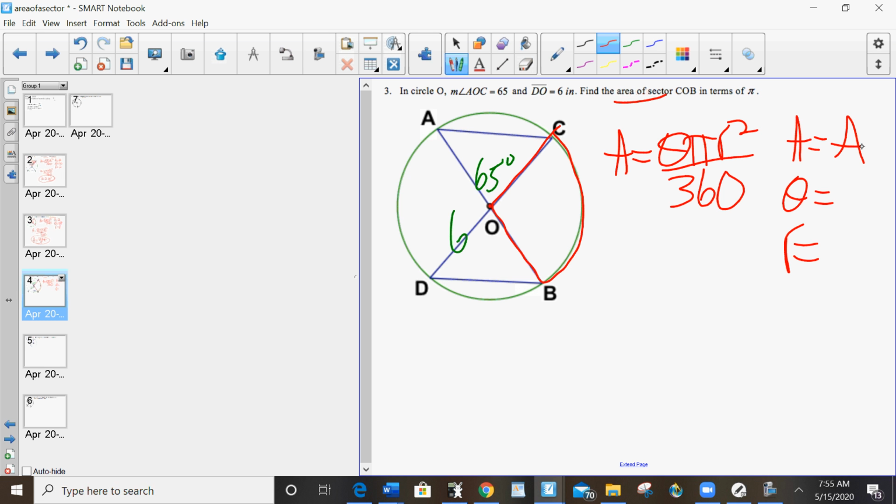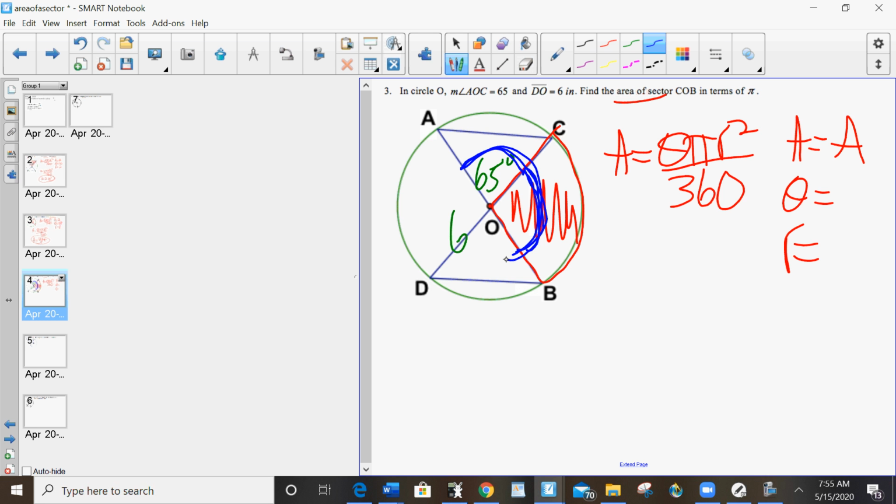Now here's the issue. It wants the area of this sector. Do I have the central angle for that sector? No, I have the central angle for this sector. I need this central angle. So how am I going to find this central angle? Well, going back to the beginning of the year, I see a linear pair.